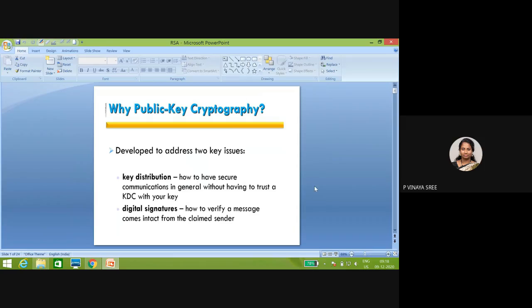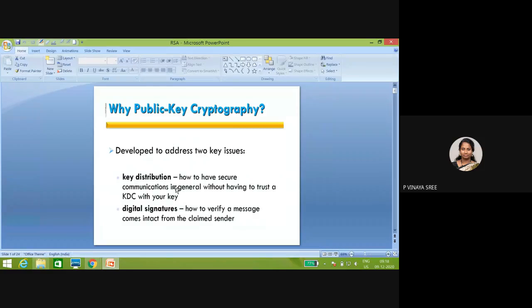Last class we discussed public key cryptography. What are the rules that we follow? Before going for public key cryptography, I said that in symmetric key cryptography, or single key or private key, we have two problems. One is key distribution, how to have a secure communication.